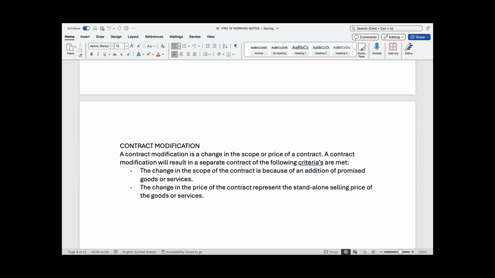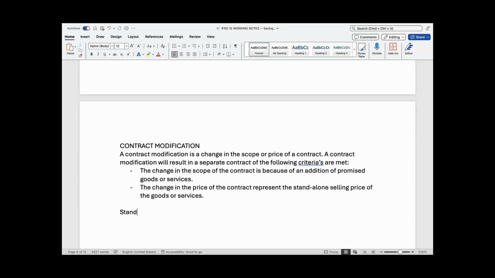The change in the price represents the standalone selling price, meaning that the price at which you're selling those additional goods that the person is buying is the standalone selling price.